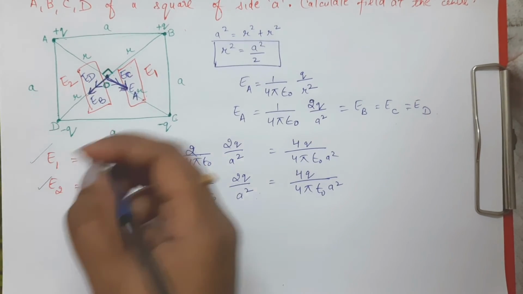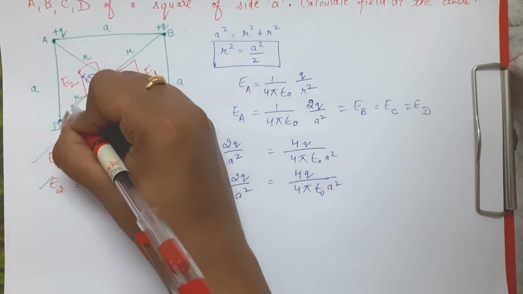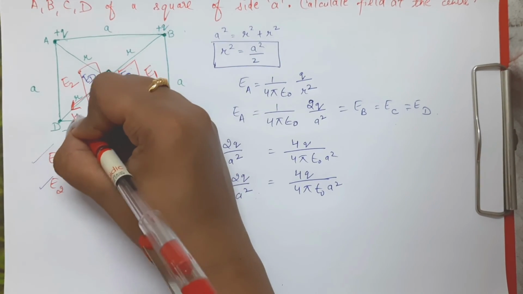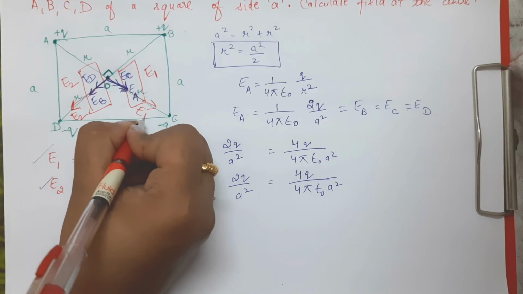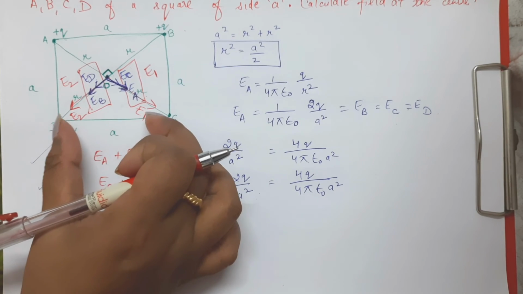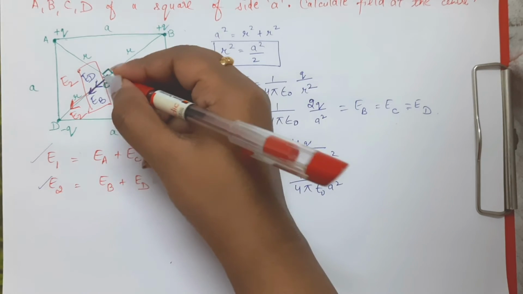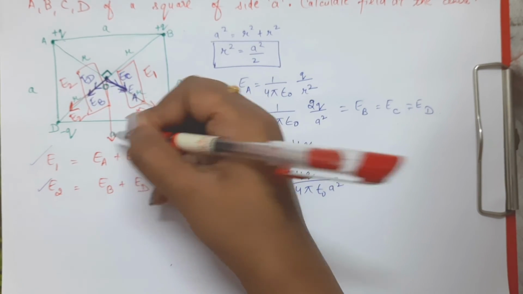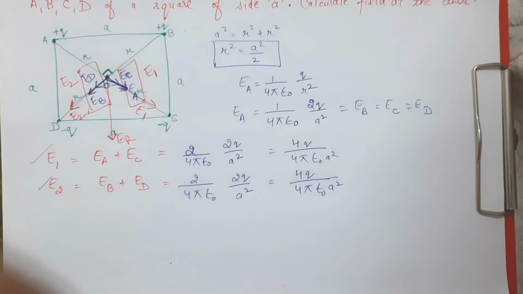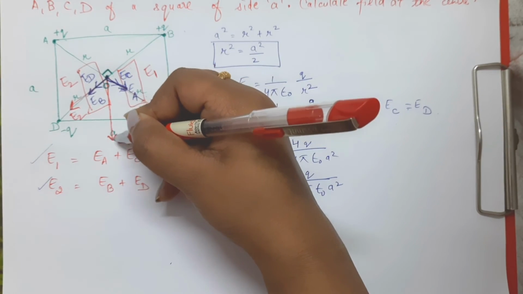Now if you look closely, E2 will be in this direction, net E1 will be in this direction, and we have to find out the net resultant of these two, right? Their net resultant will be somewhat here, right? Let's say this is ER, E resultant. So the resultant due to these two fields will be what?